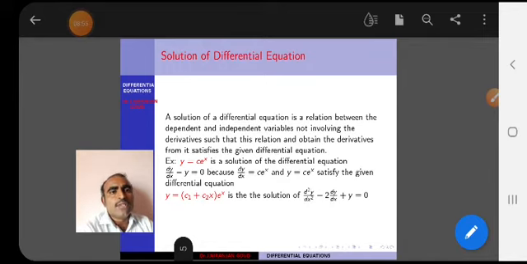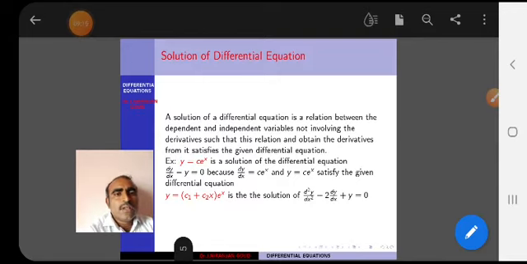And y is equal to c e power x. Substitute these values in the given equation dy/dx minus y equal to 0. You observe that y equal to c e power x satisfies the given equation. So y equal to c e power x is a solution of the differential equation dy/dx minus y is equal to 0.